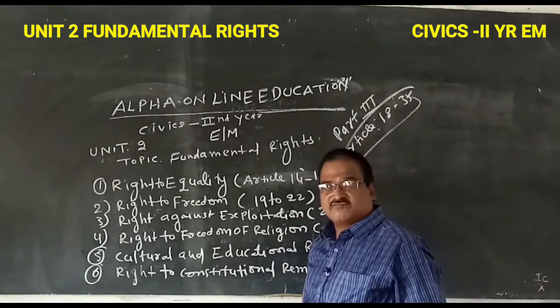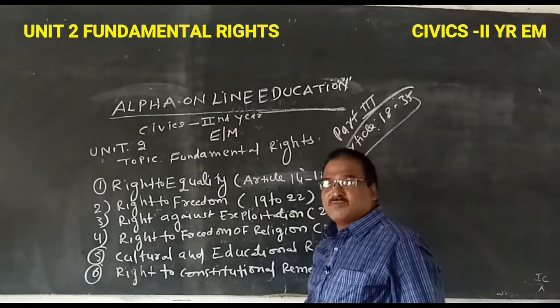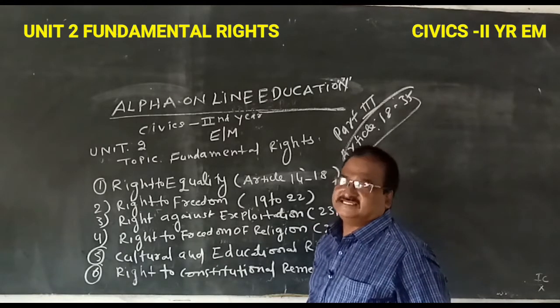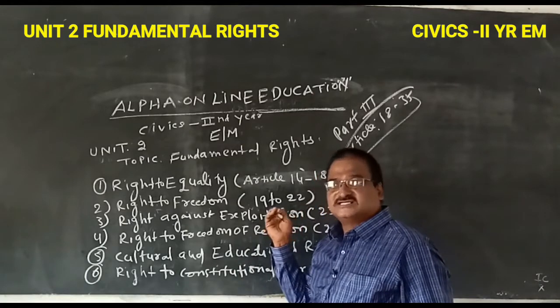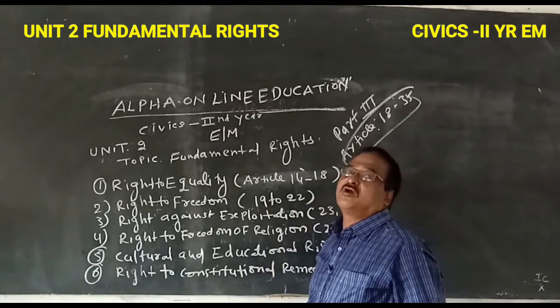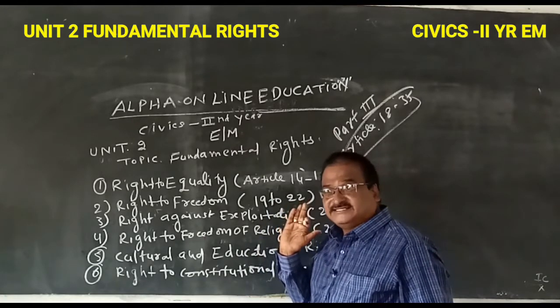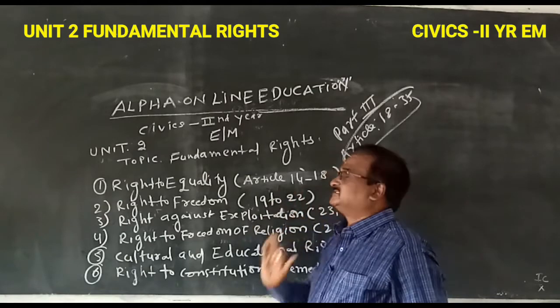The main aim of fundamental rights is to give freedom to the citizens. If a citizen has no fundamental rights, he cannot live freely. So the fundamental rights give freedom to the citizens.